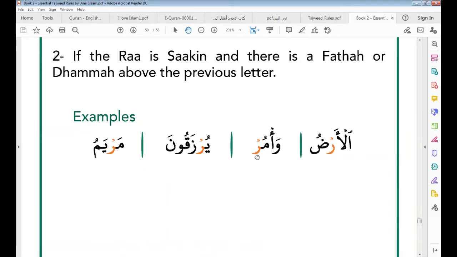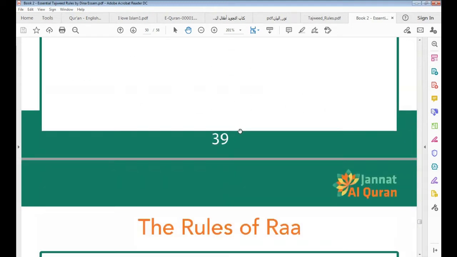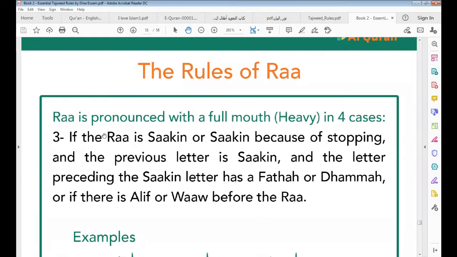Sorry for that. Wa'mur. The following it will be yurzaquna, Maryam. So when we have ra sakina coming after a letter that has fatha or dhamma, it will also be heavy.